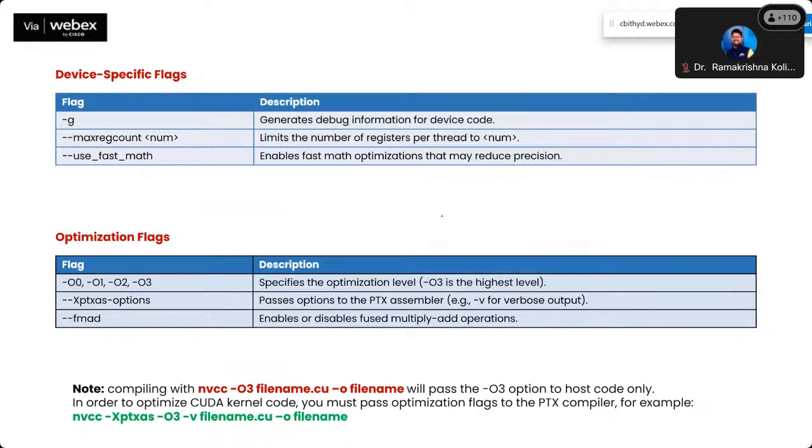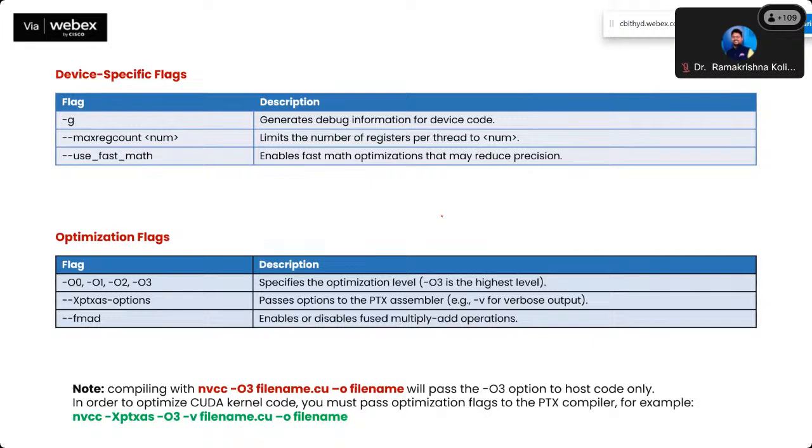Now there are device specific flags, like -G. Whatever program we are writing is in a high level language, so we have to compile it to a low level language, meaning machine code. So we have to use the NVCC compiler.